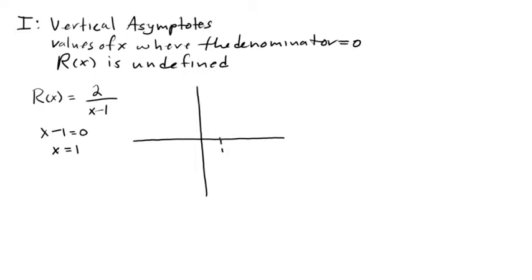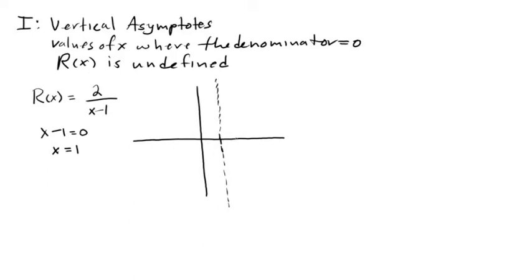So what I have is a wall. I have this wall that goes through x equals 1, that the graph of my function can never cross. I'm not saying it doesn't exist on both sides, it will, but essentially to get from this side to this side it has to jump over that line. It can't actually cross that line.